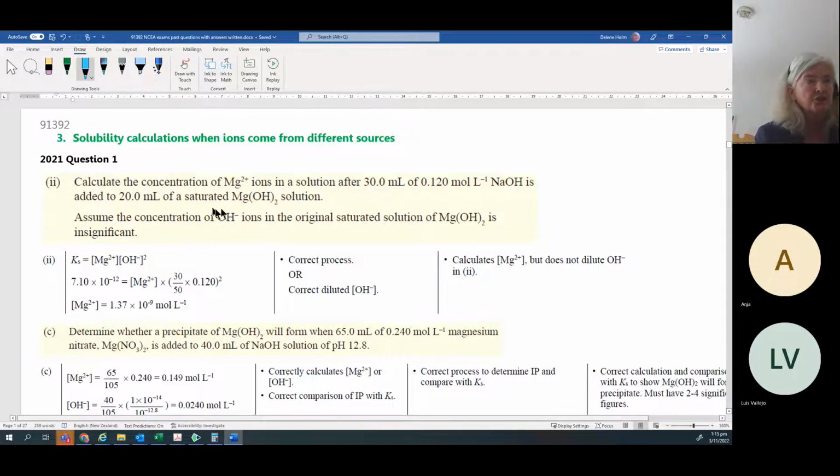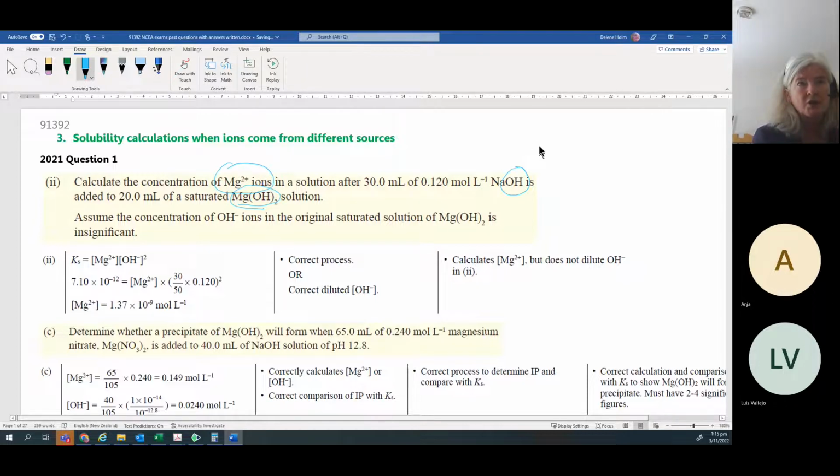So here's an example. You can see I've got my MgOH2, but I've also got OH from something else. And they are now saying I've got to calculate the concentration of Mg2+.